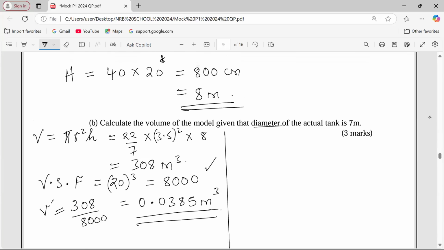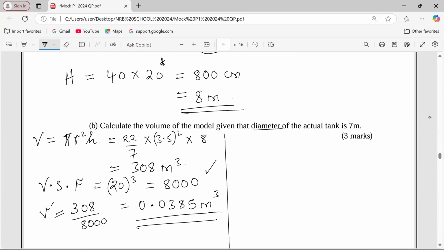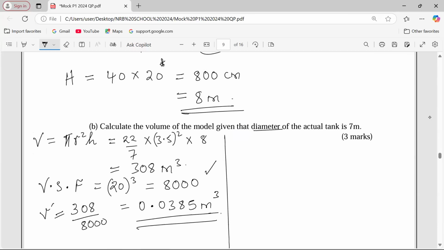Again, we can apply the linear scale factor first. The linear scale factor is 20 and we are given the diameter of the actual tank. So what will be the diameter of the smaller? The diameter of the smaller shall be 7 divided by 20, because you have to divide. This gives us 0.35 meters.